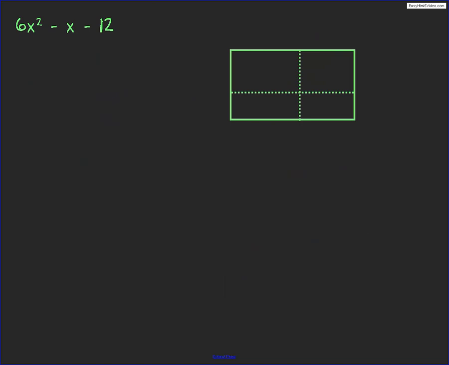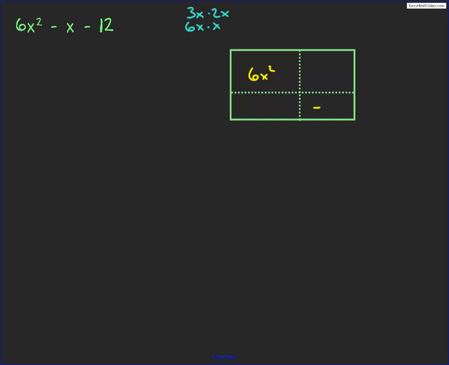What if we look at something like 6x squared minus x minus 12? Well, let's start with the area model. So 6x squared, there's lots of things that can give me 6x squared, like 3x times 2x, or 6x times basically 1x. So I don't really know which dimensions to put on there. But I do know this box is going to be 6x squared.